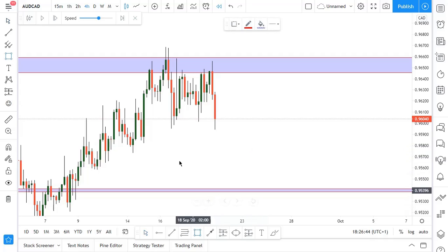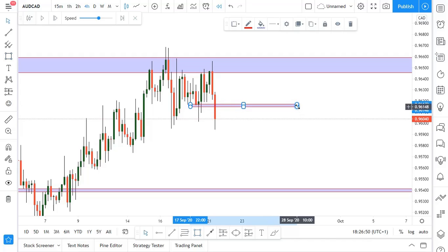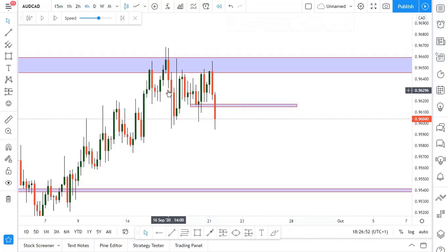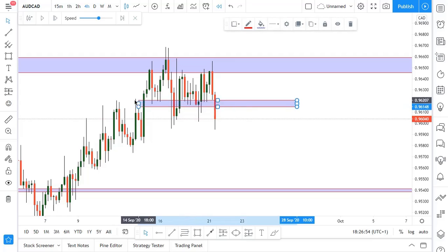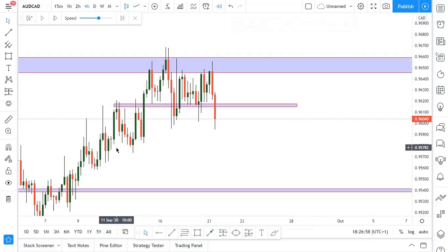We can easily identify the structure here. As you know, structures are very important in chart analysis. Now this structure is valid way back to like 11th of September, and to the current calendar year is just like 21st of September. So this structure is very, very valid.